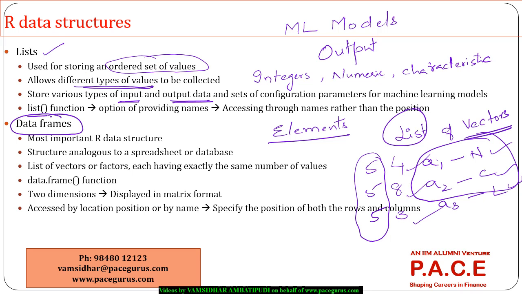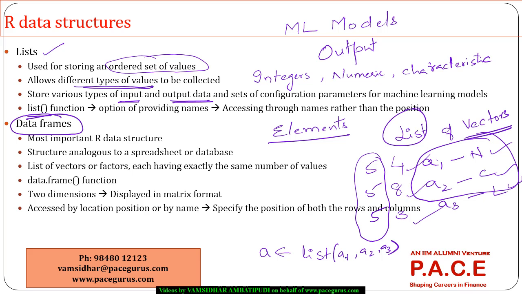Right? So list as a function can very well help me in creating a list out of the various vectors. And I can very well access them. So here, if I'm saying A is a list of A1, A2, A3, so A will become a list.